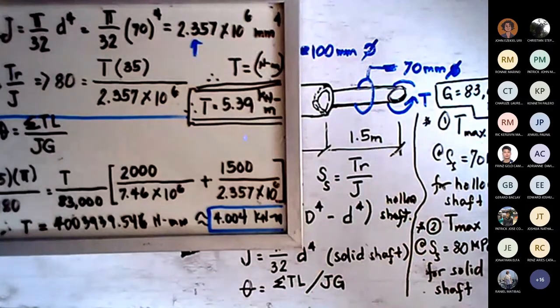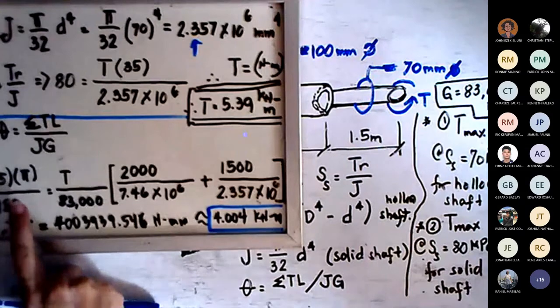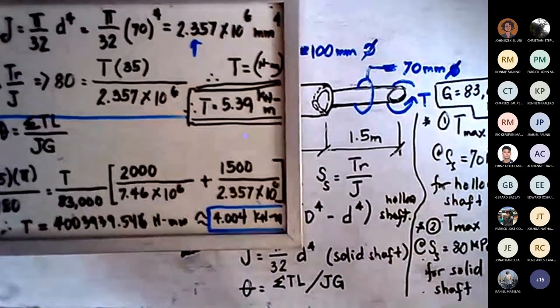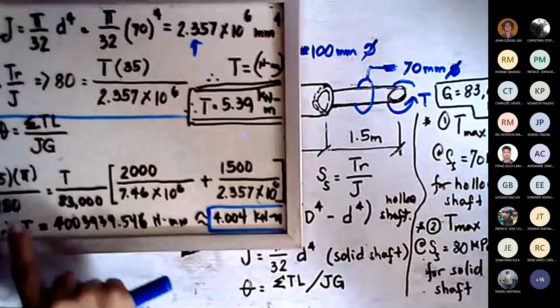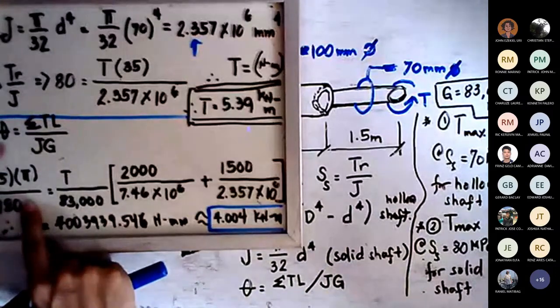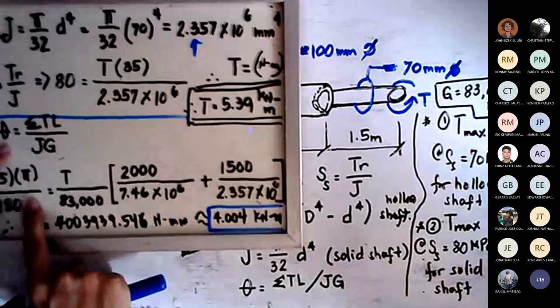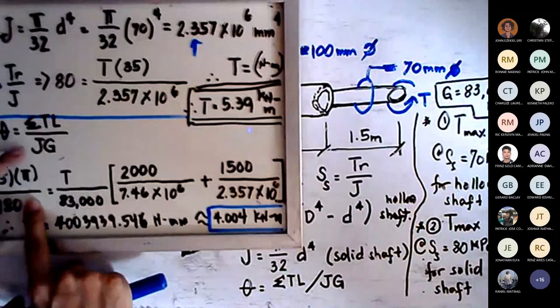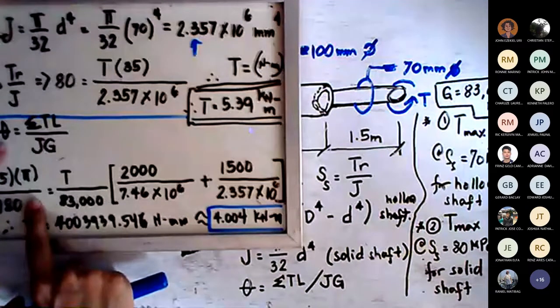The angle of twist given to us is 2.5 degrees, so we convert it into radians, because our formula for the angle of twist, summation of TL over JG, is in radians. Since the given is in degrees, we multiply 2.5 by pi over 180.